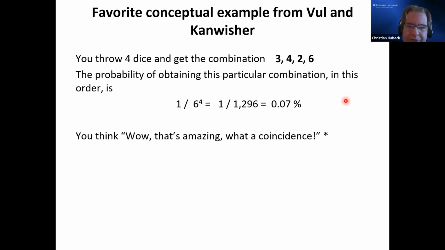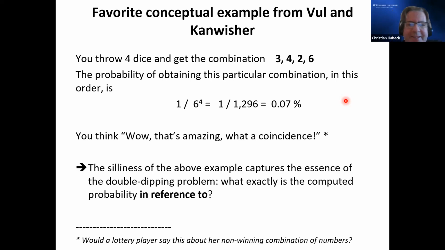So what's wrong with this, right? Isn't the formula here correct, right? I myself was stumbling about this originally. What is amazing, the silliness of this above example, as soon as you ask, what is this probability computed in reference to, right? The formula is a total red herring.